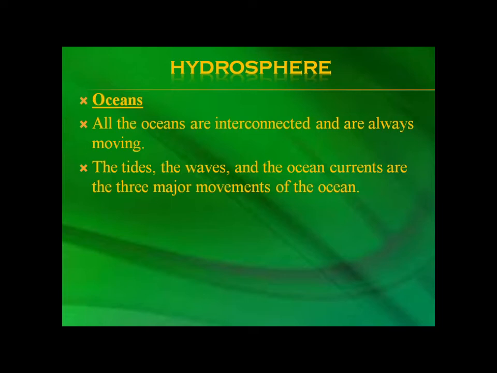The ocean currents move from the equator towards the north pole or south pole, and from the north pole and south pole to the equator. They move according to the winds and the temperature, which we'll learn in standard 7th.